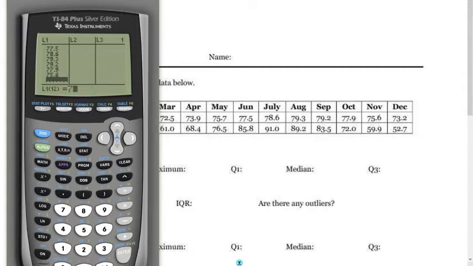And 73.2. So one thing is, I know that there are 12 pieces of information, so it's nice to know that I filled out 12 of them. That's kind of a good way to check.